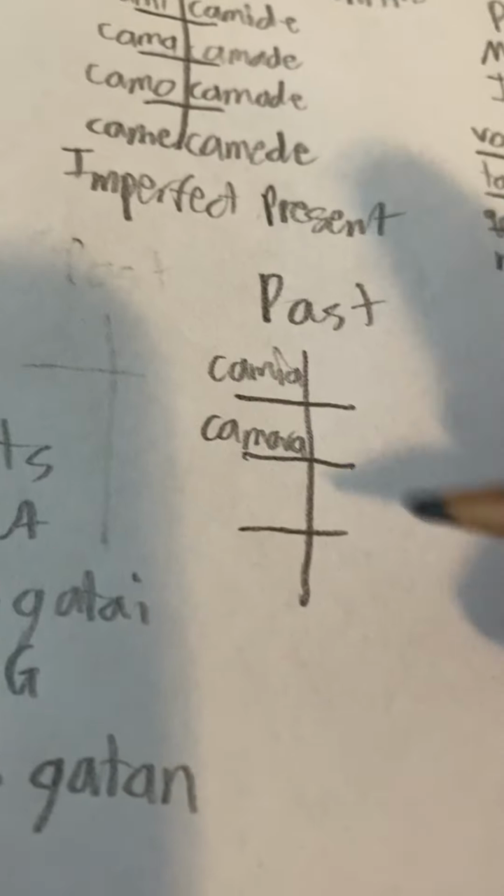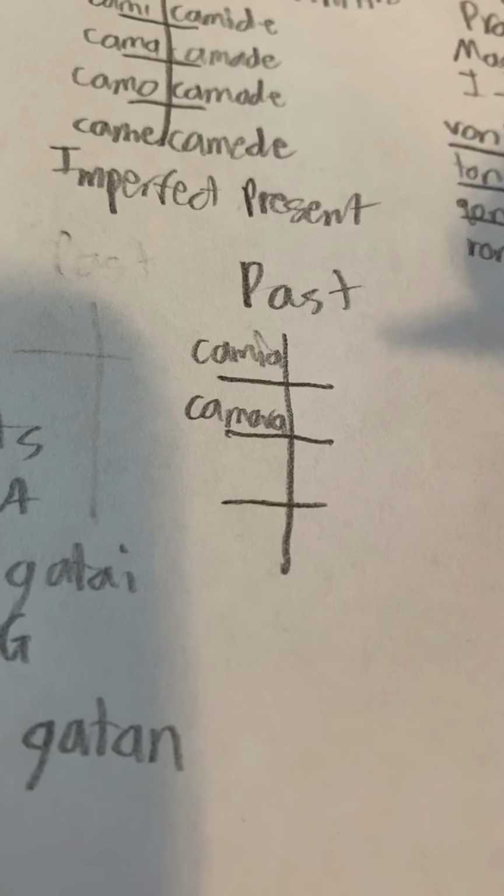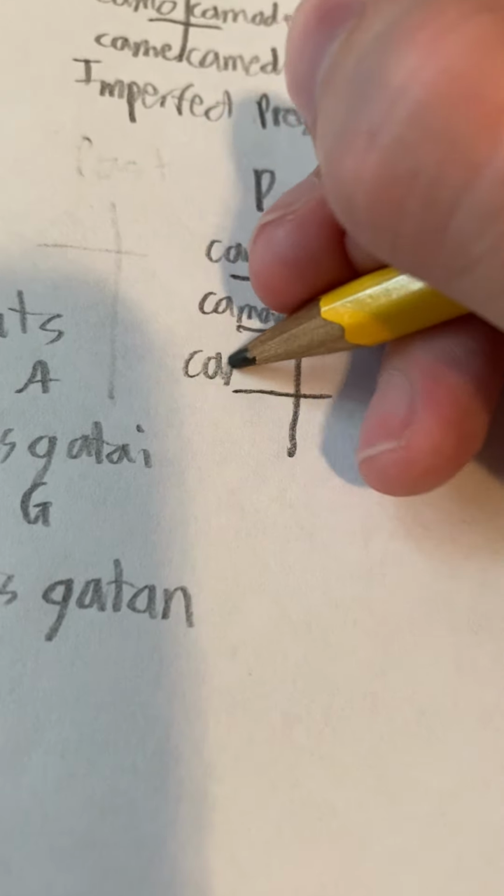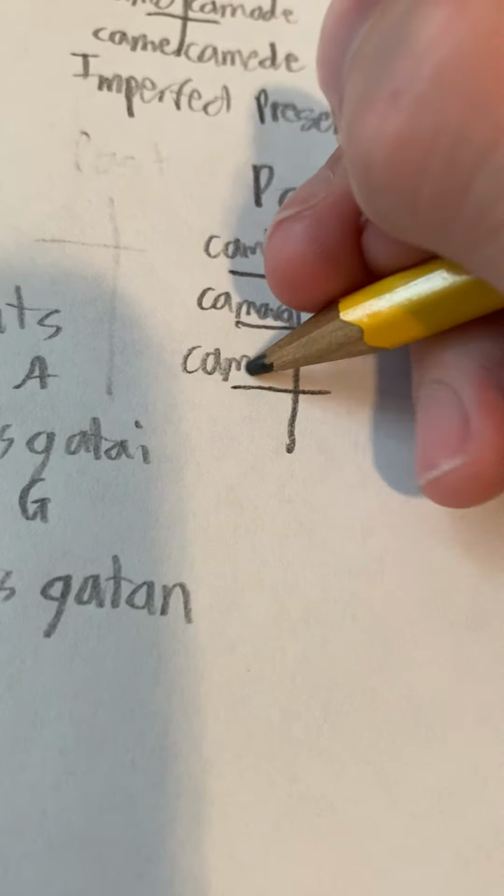Say you wanted to do past. That becomes gamia, gamava, gamoa, and gamea. These all follow really similar conjugations going this way.